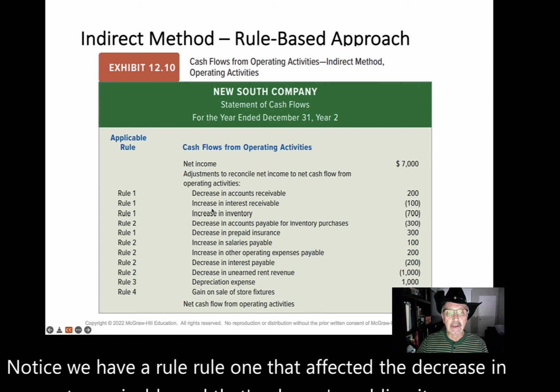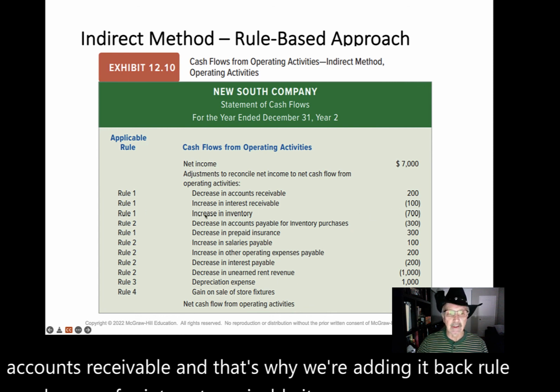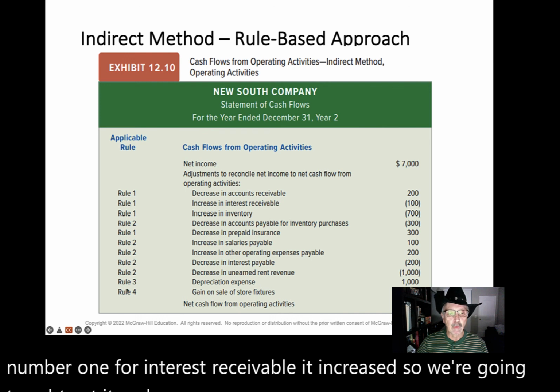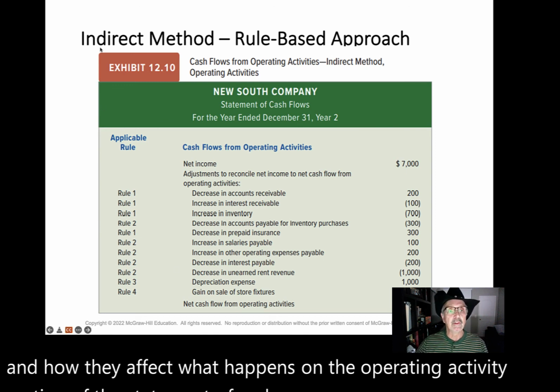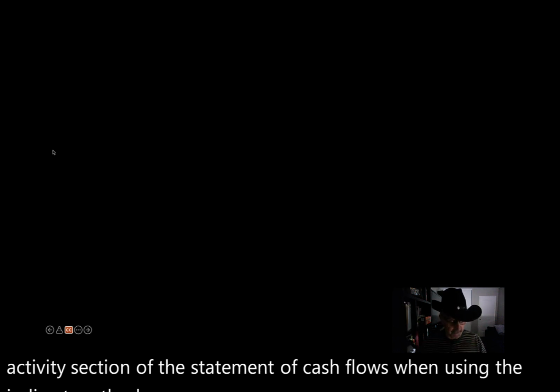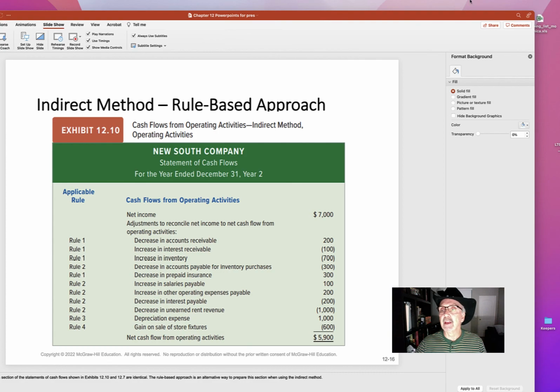Rule number 1 for interest receivable, it increased, so we're going to subtract it, and so forth. So here are each one of the rules and how they affect what happens on the operating activity section of the statement of cash flows when using the indirect method. And that's our presentation for here.